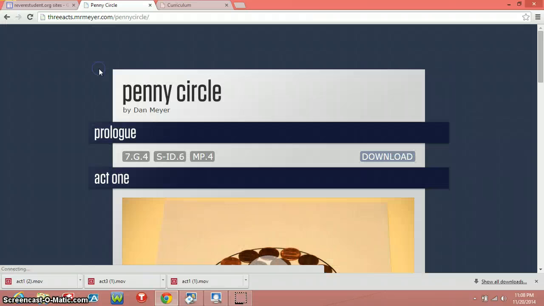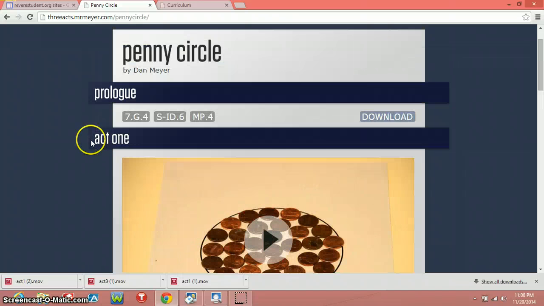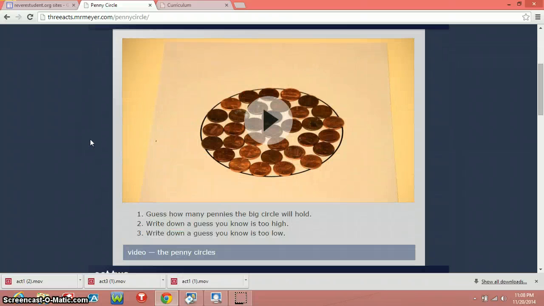The third lesson is a 2-day lesson and works on the visual side with something called 3-act math.